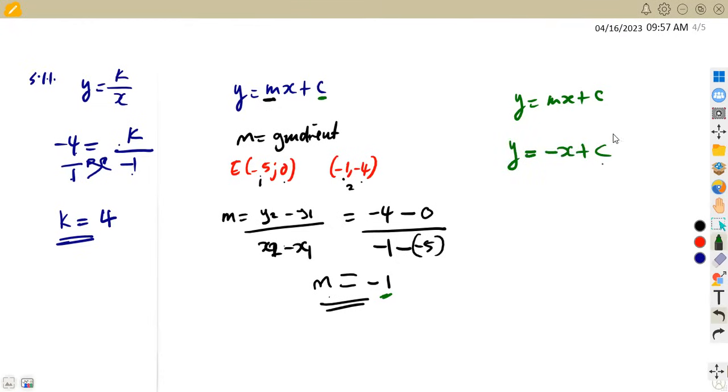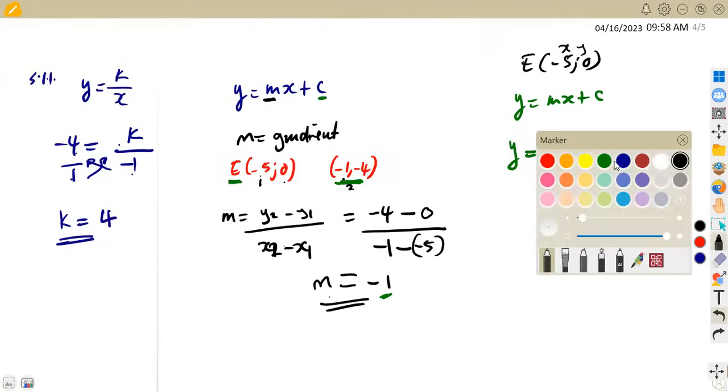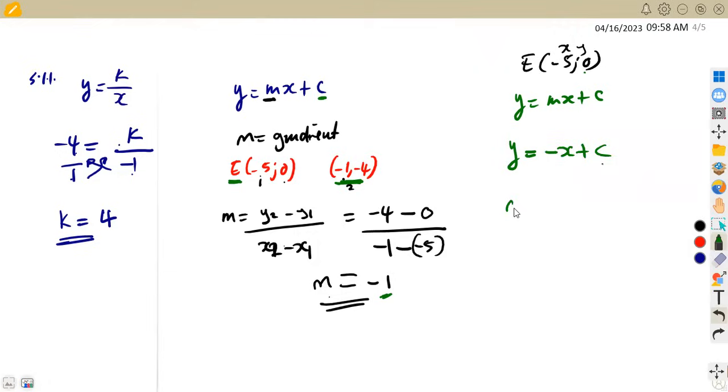To find c, we can substitute any point as long as it's on the line. We can substitute point E or -1, 4, any point. Here I'm going to substitute point E, which is -5, 0. We have x and y here, where y is 0 and x is -5.